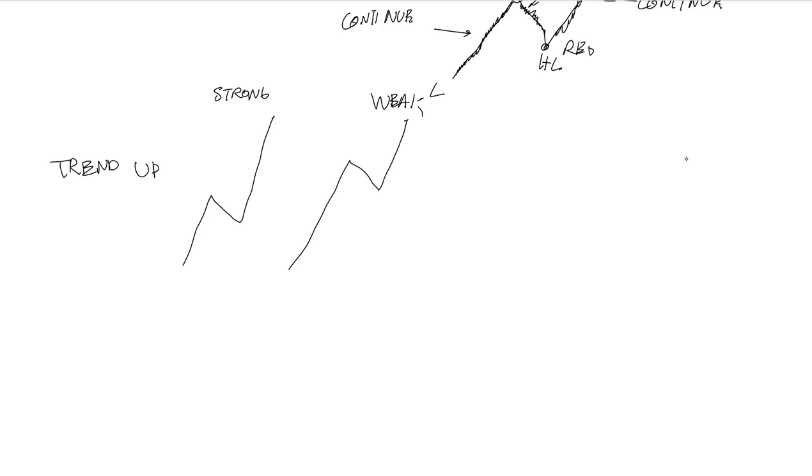That means when you apply candlestick, you apply this for continue, and you apply this also for continue, and you apply this and this for reversal. That means this is continue 1 and continue 2.